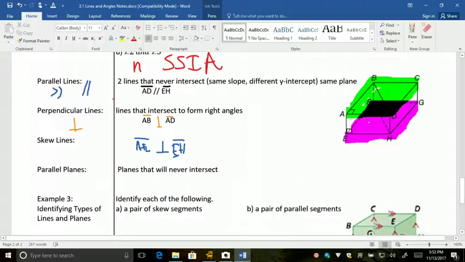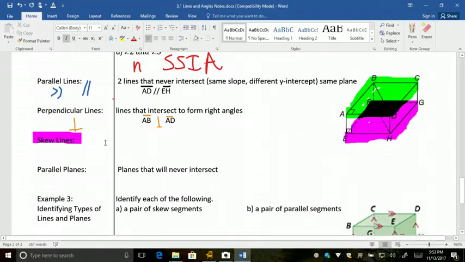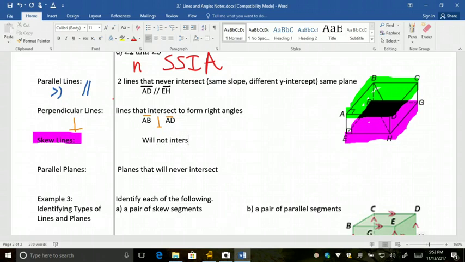I see what I skipped. I drew it right here. It's just because of where I wrote the perpendicular. Skew lines are lines that will not intersect and are not parallel, which means they can't be on the same plane.